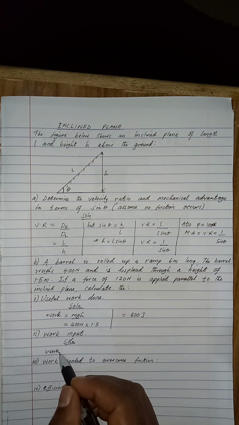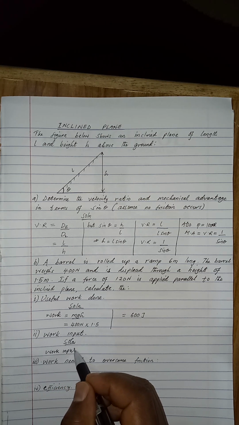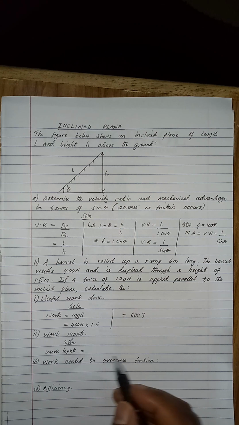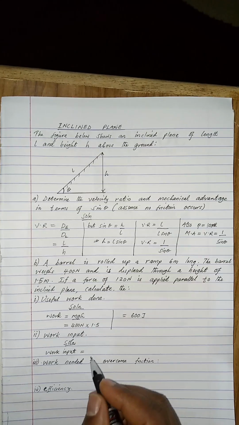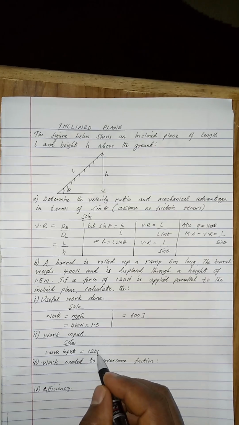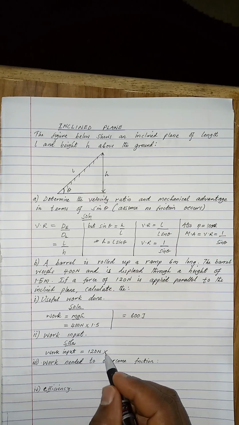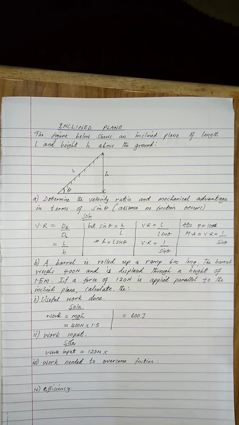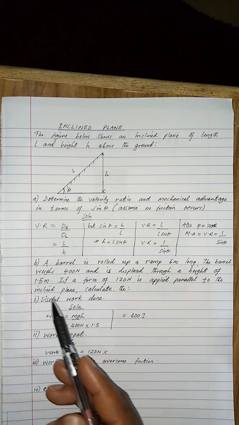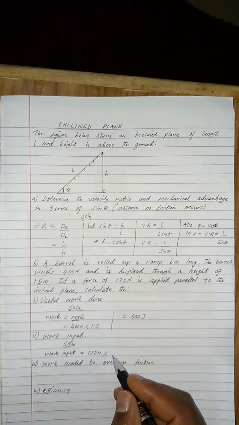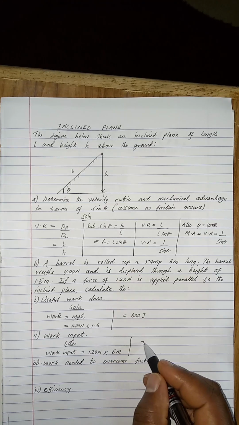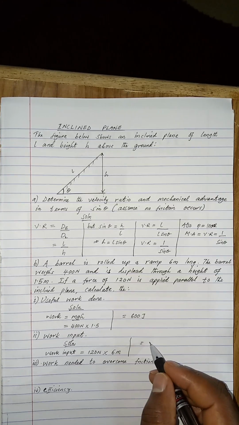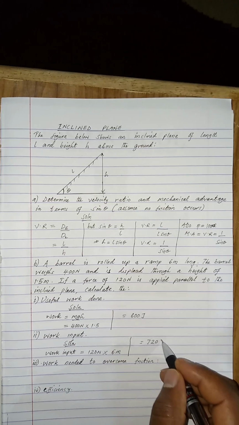Work input is the same as work done by the effort, and the effort applied is 120 newtons times the distance moved by the effort from here up to there. So the effort distance is 6 meters. So that will give us 720 joules.